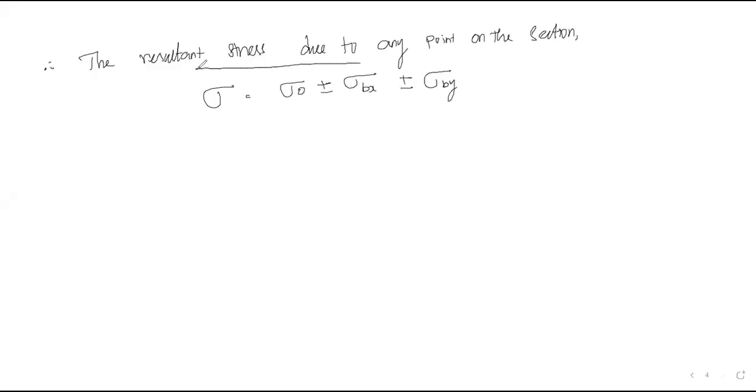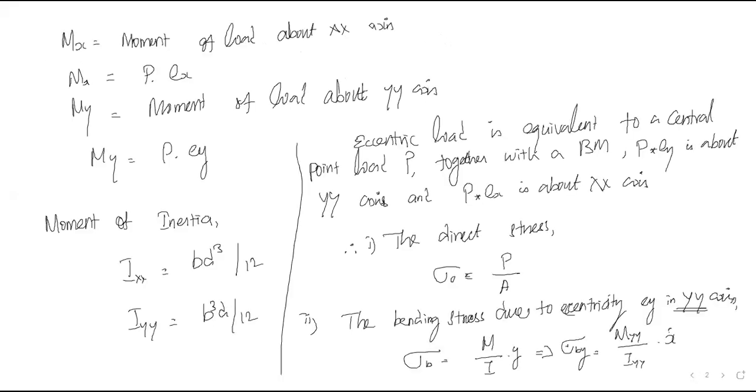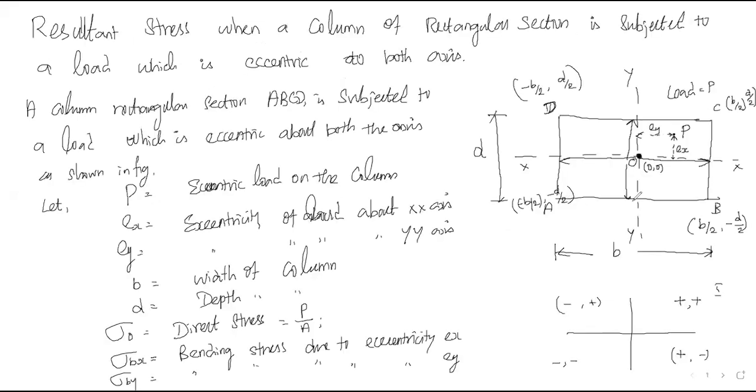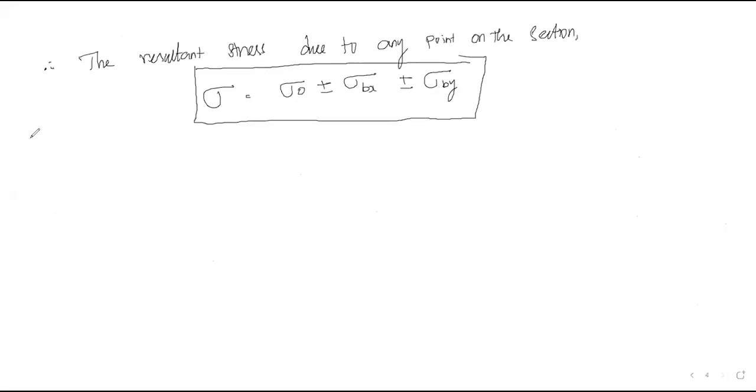So this is our resultant stress equation. Now we have to calculate with respect to its position A, B, C and D. There are four positions. Now with respect to that position we have to calculate the sigma value, the resultant value.